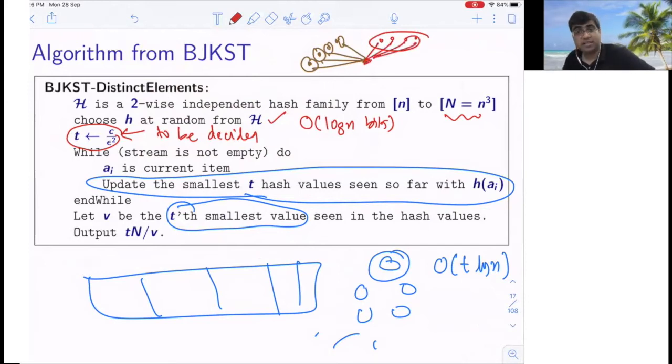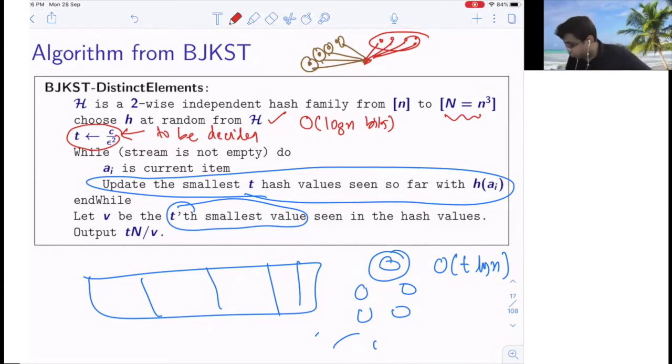In other words, there could be a collision. So you also have to take care of that, because that will mess up your distinct elements count. That was not an issue when we were talking about the idealized hash function, because the probability of collision was 0. We have uncountably many objects, so the chance that two objects collide is too low. But now things could collide, because we can prove that there exists a hash function that doesn't collide, but we are just picking a function h which is random.